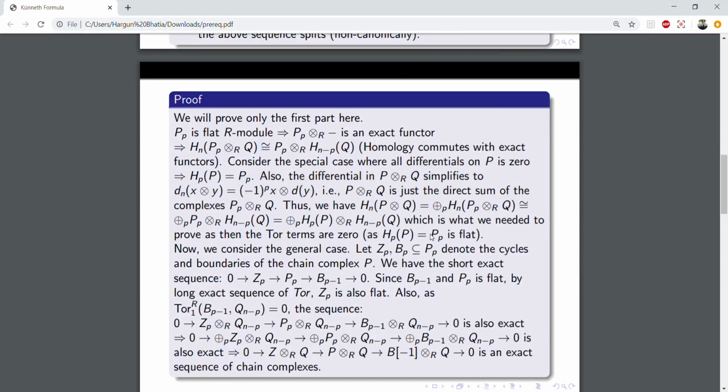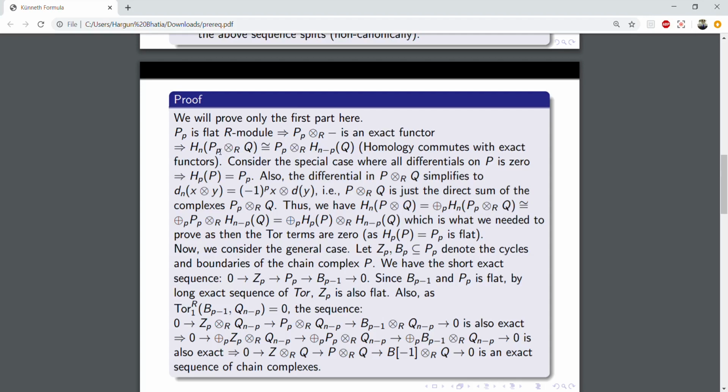First of all, P_p is a flat R-module, therefore this tensor product is an exact functor. Hence, if I take the nth homology of this chain complex, now what is this chain complex? Here I'm considering P_p as just one chain complex with degree p element being P_p, but everything else being 0. Then I'm taking the tensor product of these two separate chain complexes.